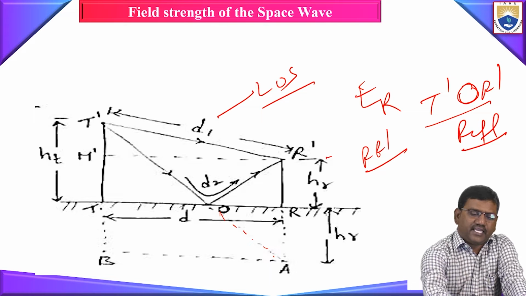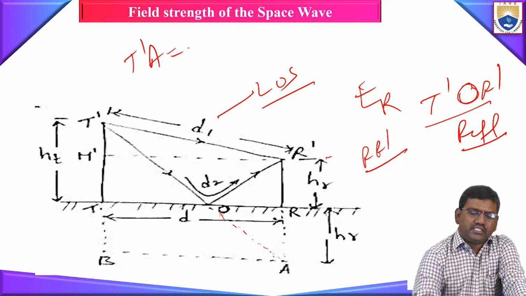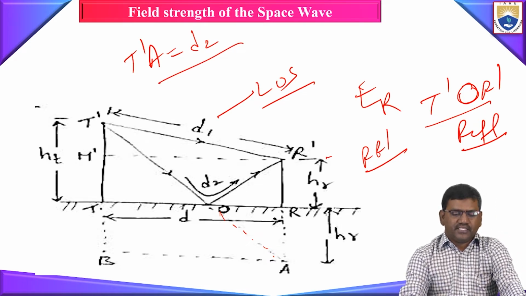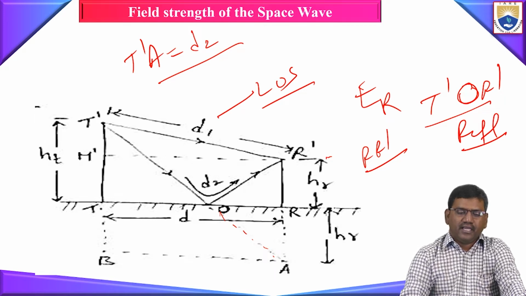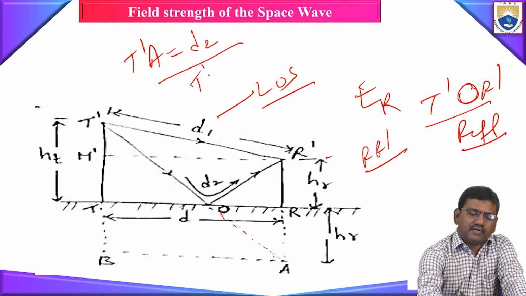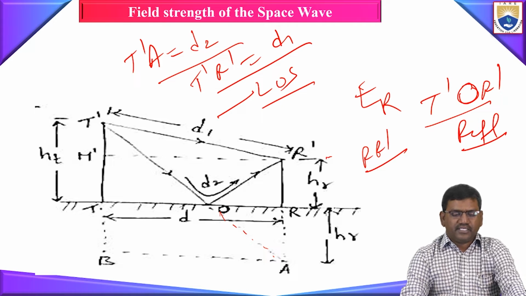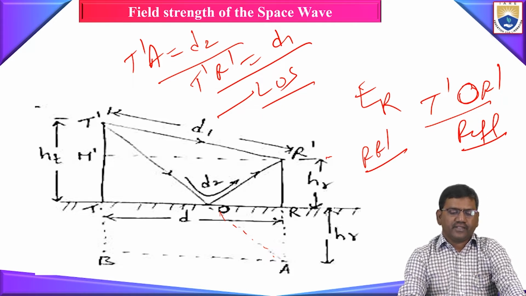The total distance of T dash A is D2. From the figure, the path T dash A we can write as D2, and the distance T dash R dash is equal to D1. The distance between T dash and R dash is D1, and the distance between T dash and A is D2.